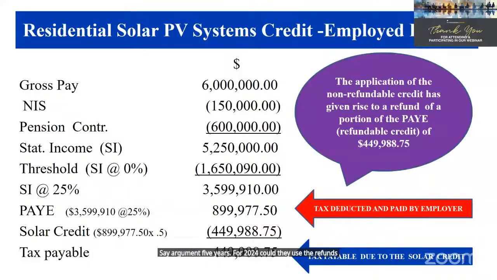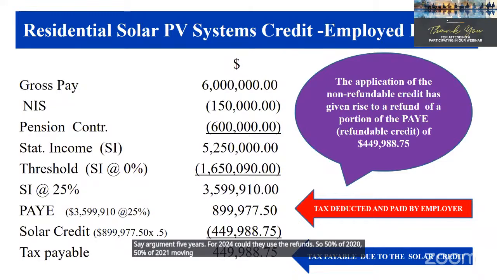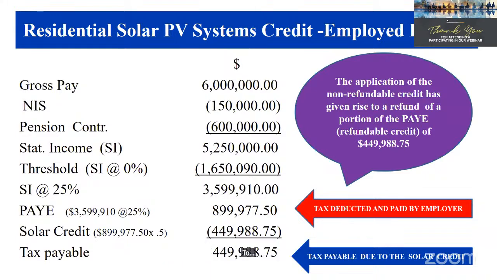So 50% of 2020, 50% of 2021, moving up to 2024, and that then becomes applicable to the solar credit. No, it is 50% of the tax payable for the year of assessment. So you could not use the credit against prior year tax liability. That's what I understand. Correct me if I'm wrong.